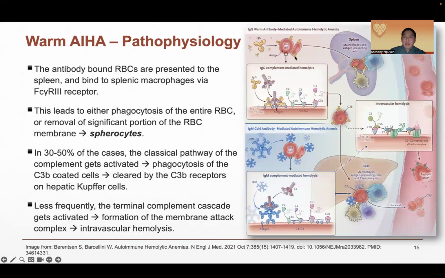So these are schematics that show how IgG and complement-mediated hemolysis occurs in the spleen and also can occur intravascularly, and also IgM and complement-mediated hemolysis through the activation of the complement pathway can occur in cold antibody-mediated autoimmune hemolytic anemia.